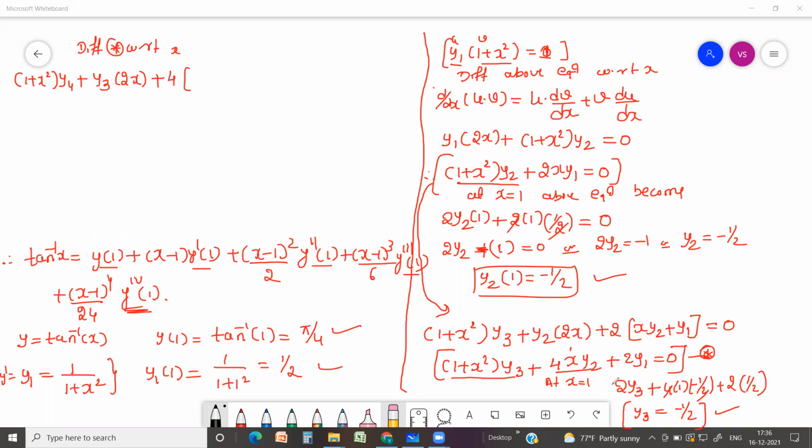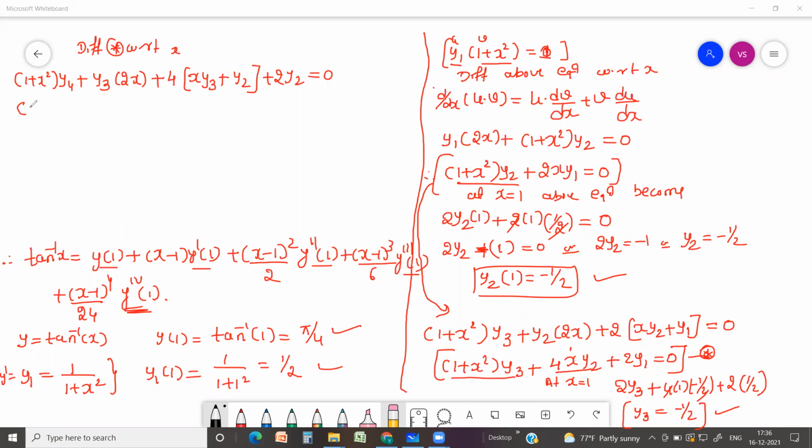Again, both x and y2 are functions of x, so the product rule: x as it is, y2 differentiation y3, plus y2 as it is, x differentiation is 1, plus 2 times y1 differentiation, which is y2. Now you need not simplify this, because no further differentiation is needed here. We can directly compute the answer, or else you can simplify and then compute the answer.